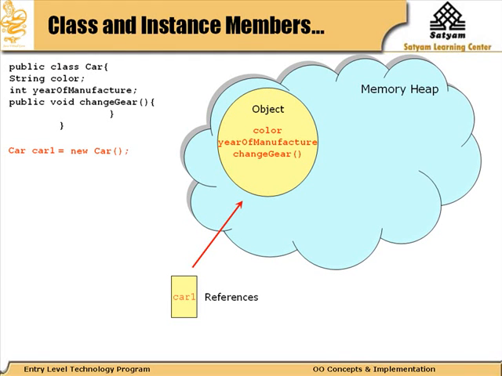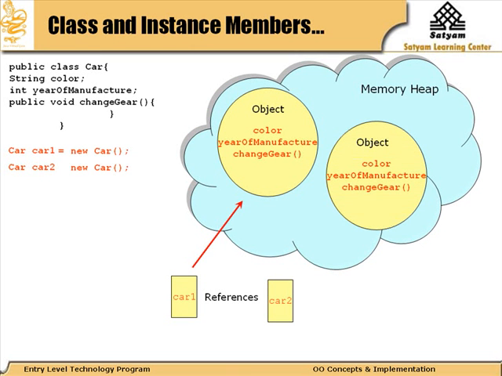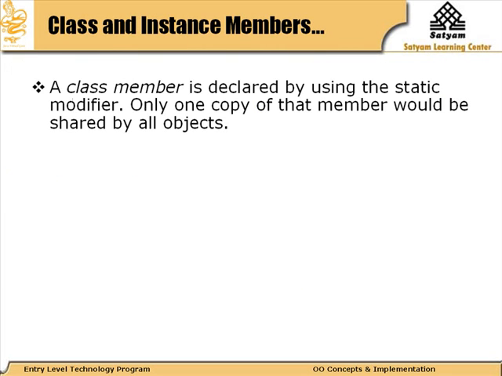Now let's see what happens when I create another object. Here, another object of class Car is created and the reference is assigned to car2, another instance of class Car. A class member is declared by using a static modifier.